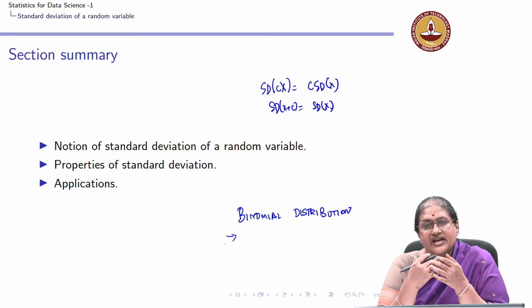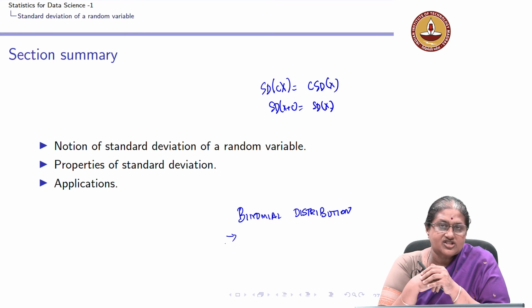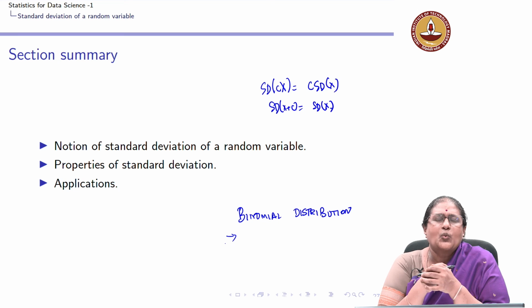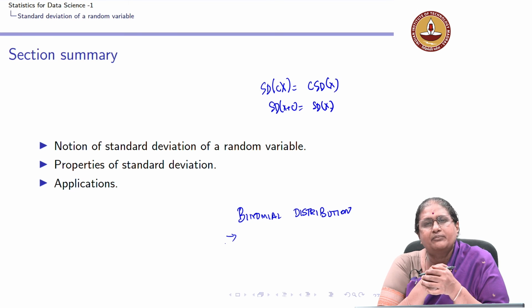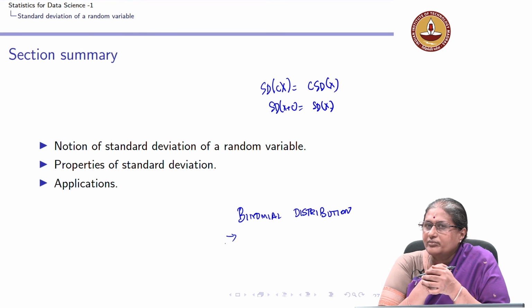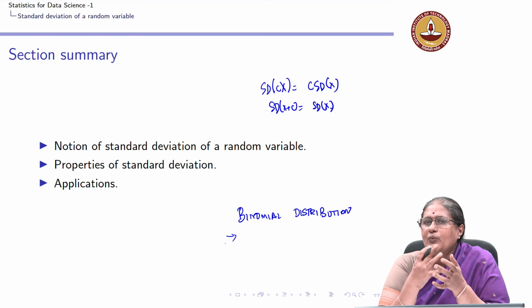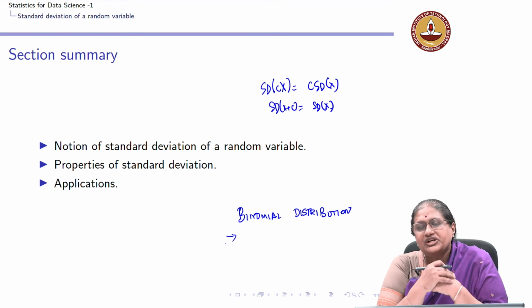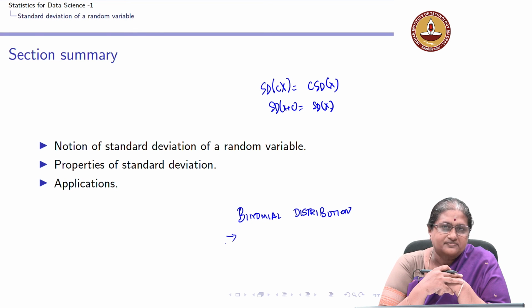We look at the expectation and the variance of a binomial random variable, and we look at a lot of applications wherein the random variable can be modeled as a binomial random variable, and how we can use that information to reach conclusions. Thank you.